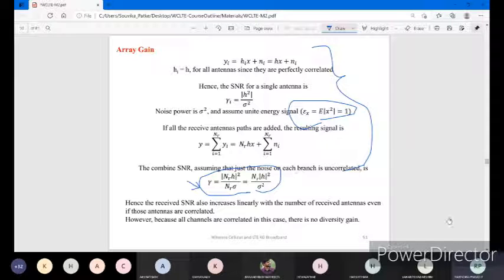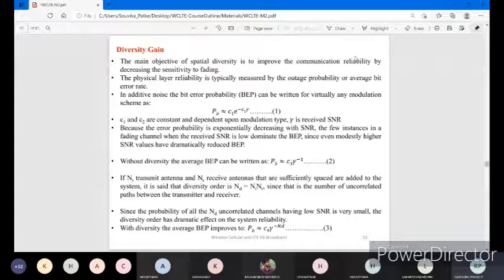That is one point highlighted for multiple antennas with respect to spatial diversity. Then we had a discussion on the concept of diversity order.